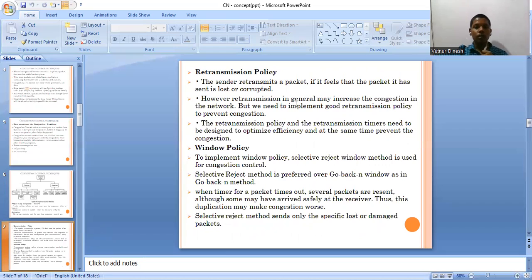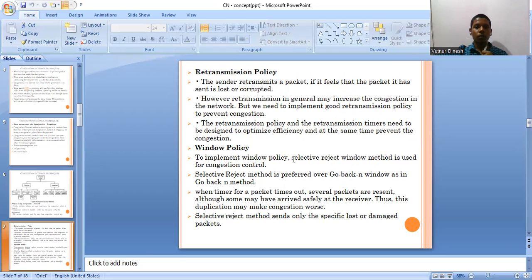However, retransmission in general may increase the congestion in the network, but we need to implement a good retransmission policy to prevent congestion. The retransmission policy and the retransmission timers need to be designed to optimize efficiency and at the same time prevent the congestion.